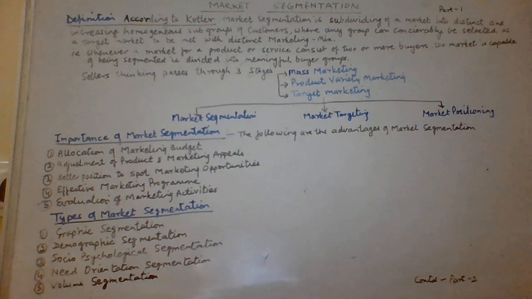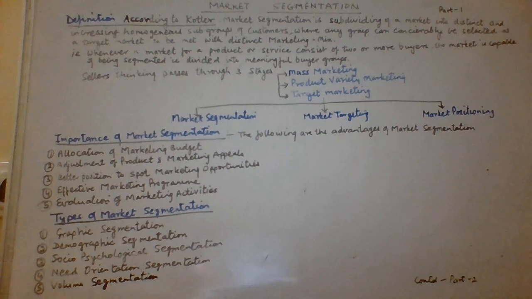The third is socio-psychological segmentation. This segmentation is the study of different social classes, whether lower class, middle class, or upper class. Again, the middle class can be divided into lower middle, middle, and upper middle.